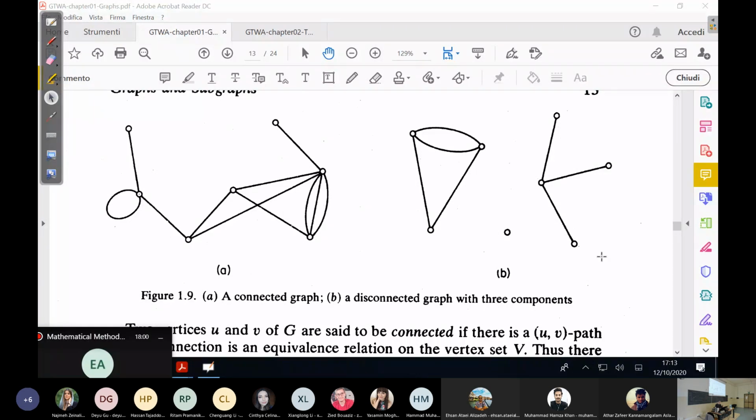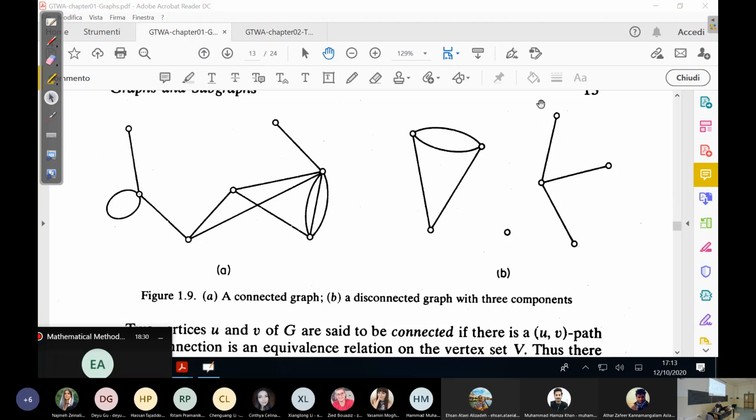Is this subgraph connected? Yes, because from any vertex of these three to any other vertex of these three, I can find a path. So this subgraph is connected. Is it a component? No. Why? Because there is a bigger subgraph of the original graph which also is connected, and it is this.